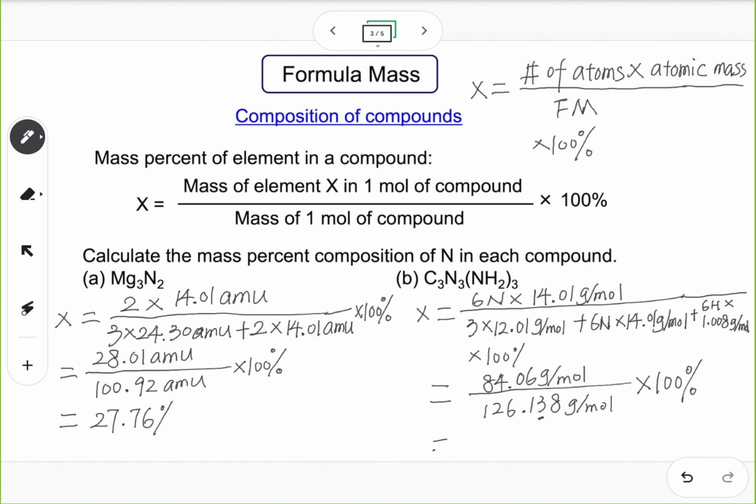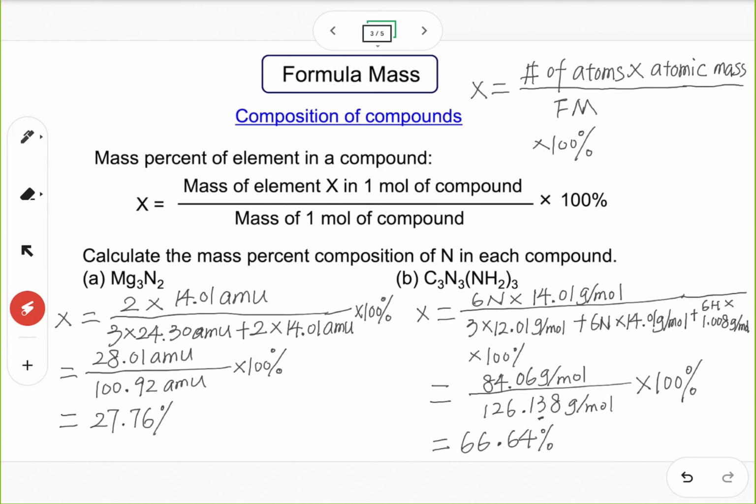And if you do the calculation, the final result is 66.64%. 4 significant figures, because this one has 4 significant figures. All right, this is the mass percent composition of a compound based on the formula.